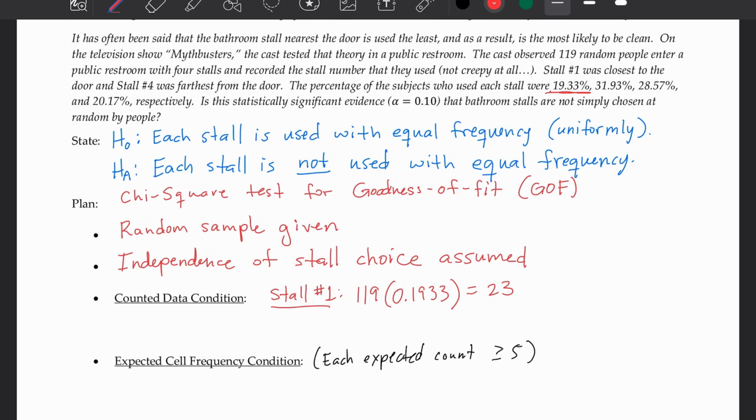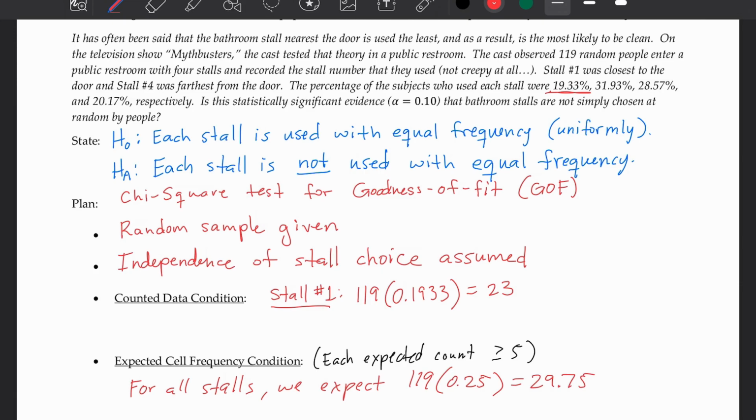So in this particular case, for all stalls, we expect 119 times 0.25, 25% of that, okay? Which is 29.75. For expected, it's okay to have decimals.